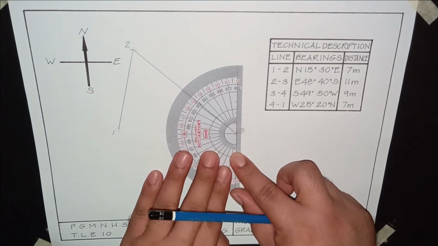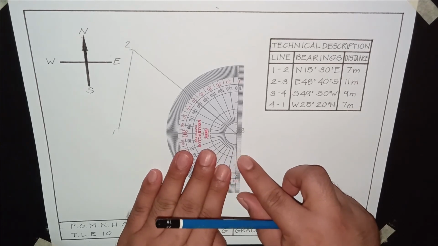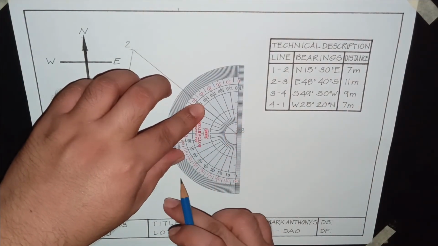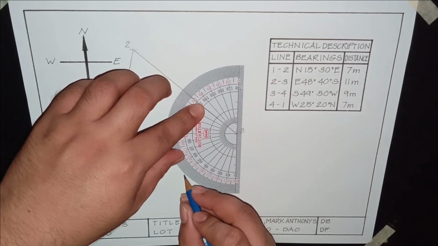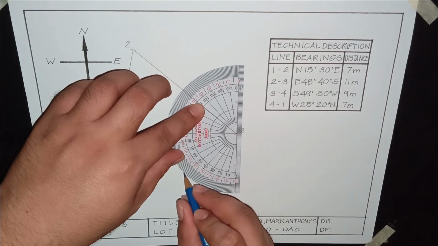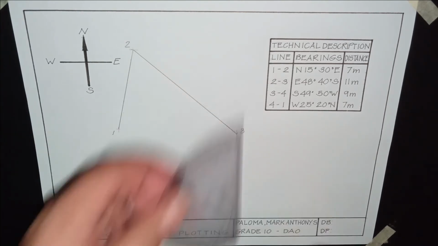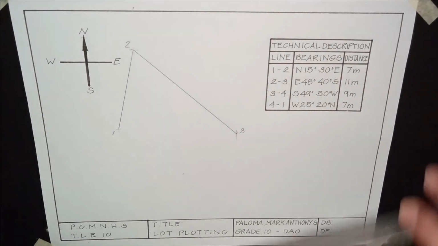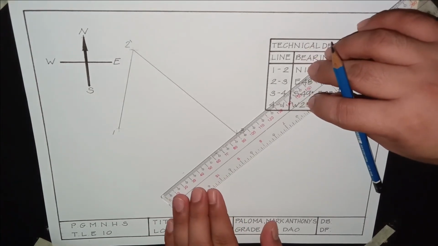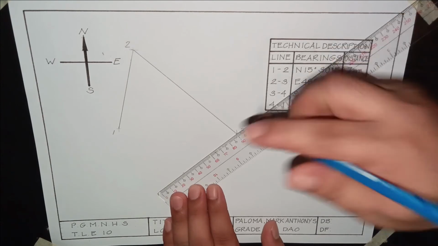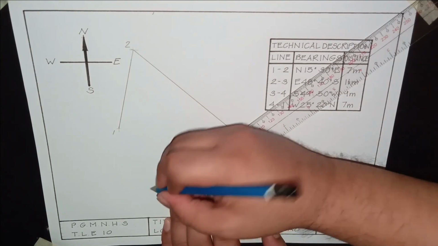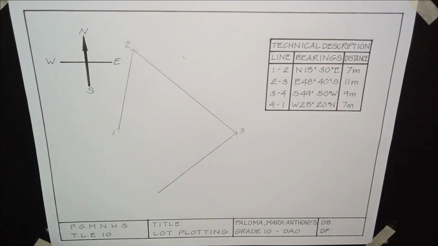Then, it's 49 degrees. So again, in between 40 to 50, a little near 50 degrees. Then we're going to measure 9 centimeters from point 3 to point 4. That's it.